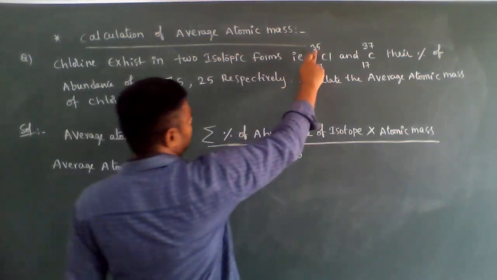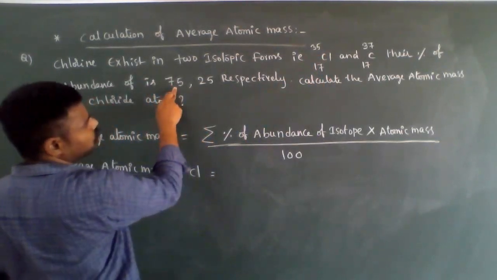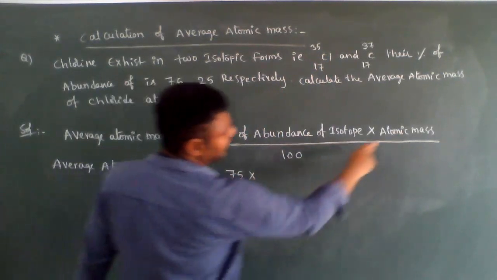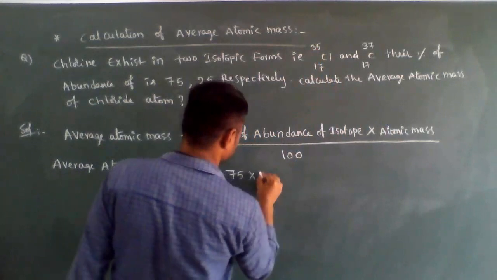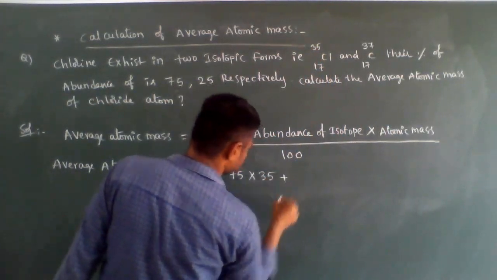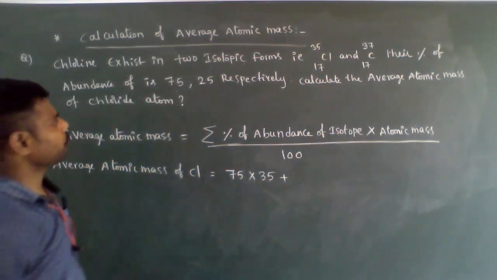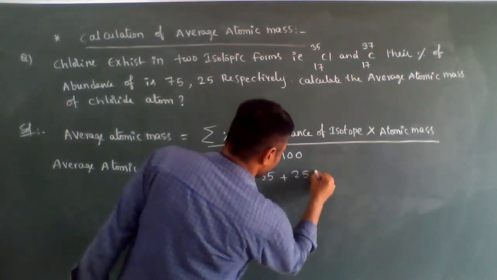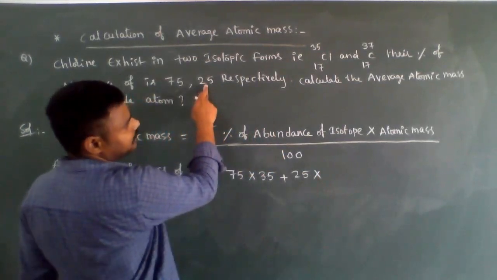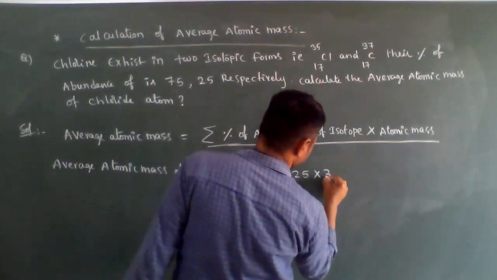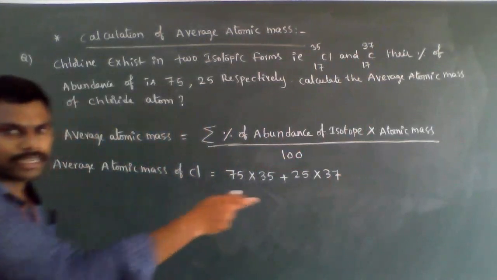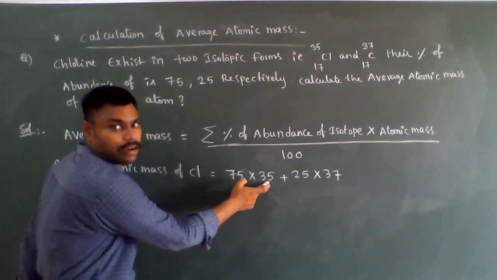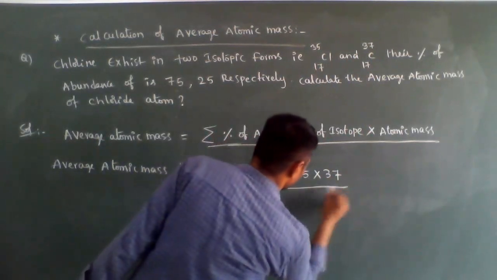For the first isotope, 75 into its atomic mass 35, plus the second isotope, 25% abundance, atomic mass 37. Only two isotopes, that's it. These percentages into corresponding atomic masses, by 100.